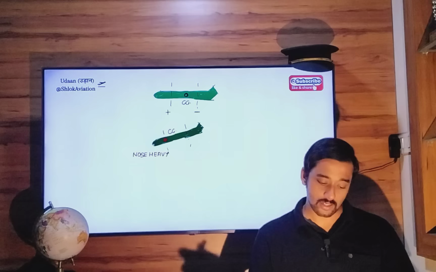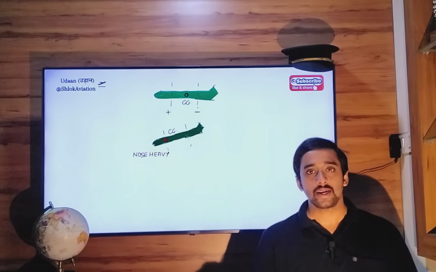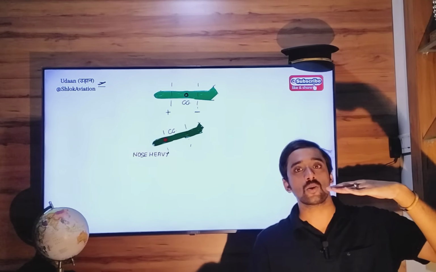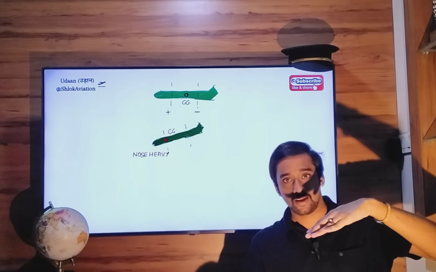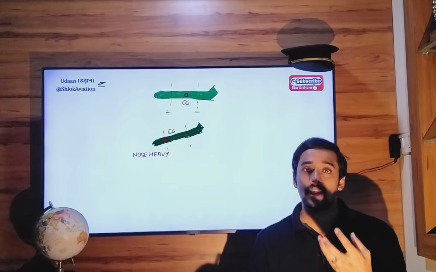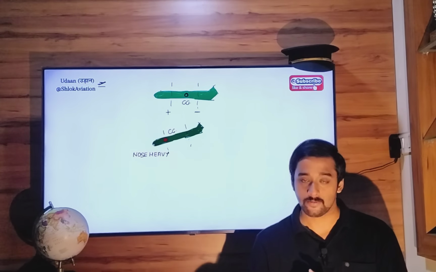Correct? A stable aircraft is always nose heavy, tends to fly downwards, so that when engines fail, automatically the nose of your aircraft should pitch down, in order to prevent a stall or excessive angle of attack from happening.